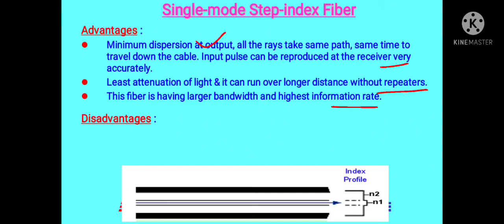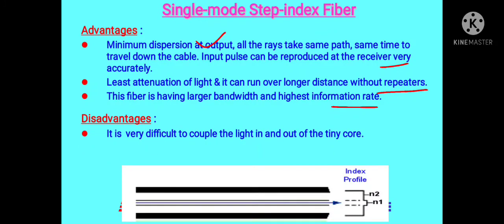Now let's go through various disadvantages of single mode step index optical fiber. So here we can say it is very difficult to couple the light in and out of the tiny core. Here, due to very thin core, it is very difficult to couple the light to this optical fiber.